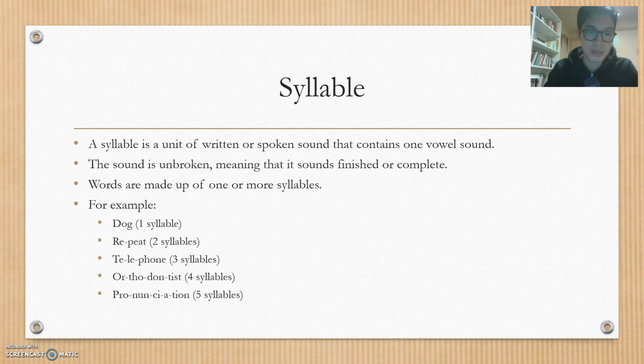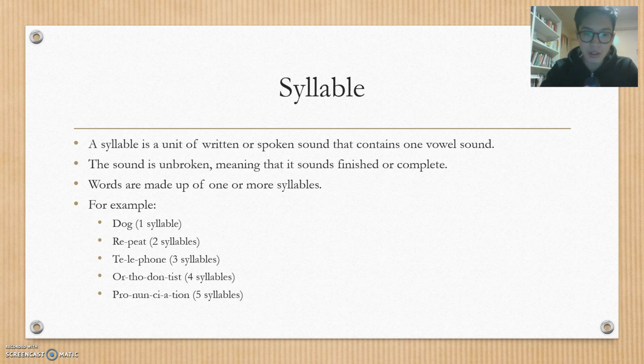And the important thing to know is that words are made up of one or more syllables. So here are some examples. A one-syllable word could be dog. So there's one sound there, dog. Now if it were to be incomplete or broken, it might sound like do. So it's not a complete sound. I mean, it is a sound, but it's not complete.